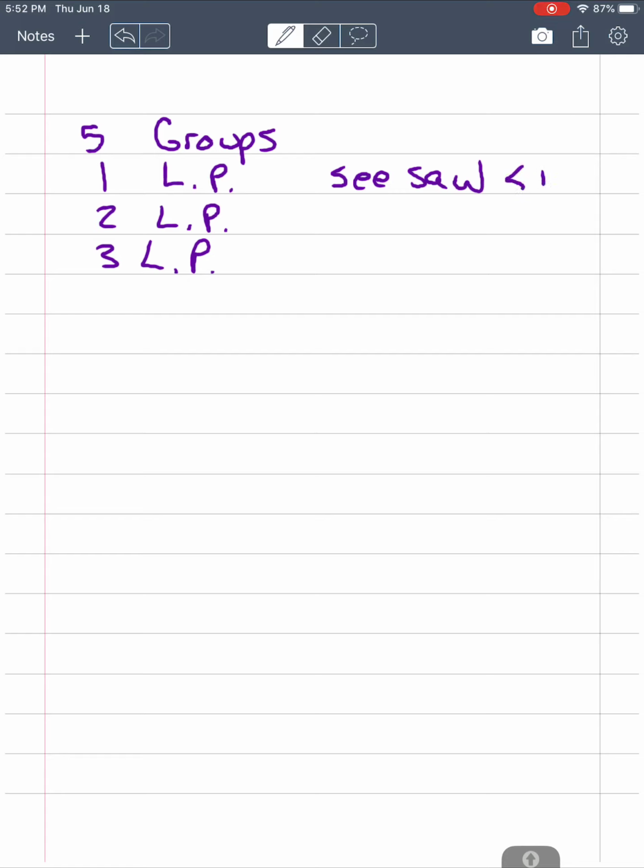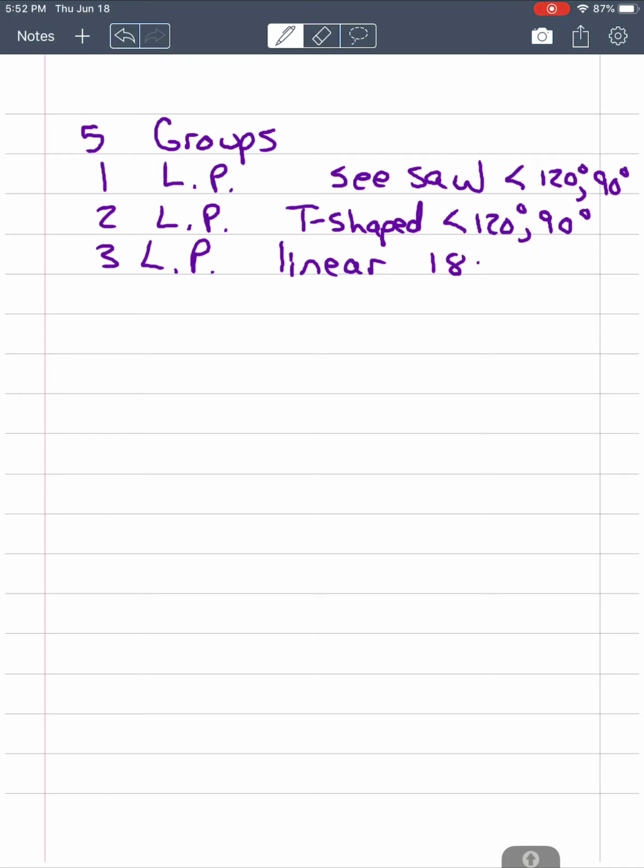And the angles are less than 120 and 90 degrees. And then if you have 2 lone pairs, you get something that's T-shaped. And you still have less than 120 degrees and 90 degrees. And if you have 3 lone pairs, you have linear. And the angle is 180 degrees. Let's take a look at those.